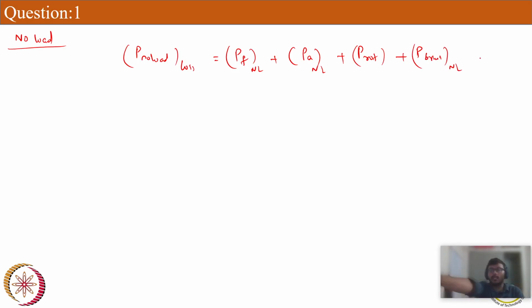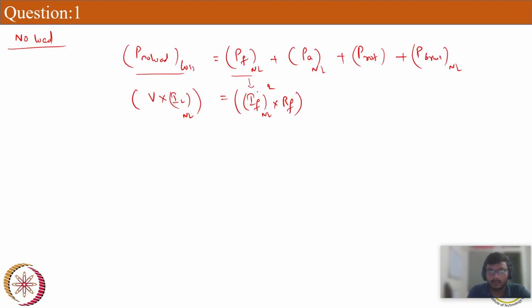How should I calculate this no load? My supply voltage multiplied by IL no load, equals IF no load square multiplied by RF, plus armature copper loss at no load, which is IA no load square multiplied by RA, plus rotational losses, that is what I want to calculate, plus P brush, the brush drop voltage multiplied by the current flowing through the brushes at no load.